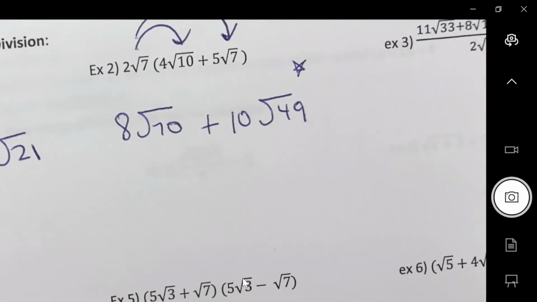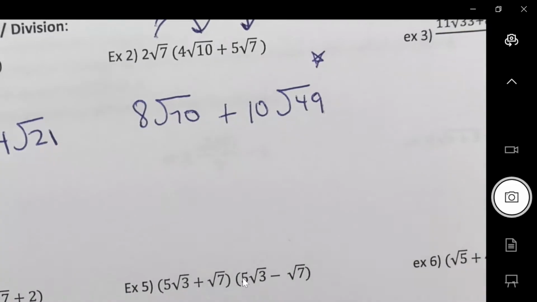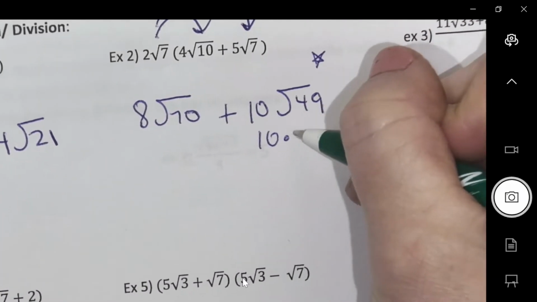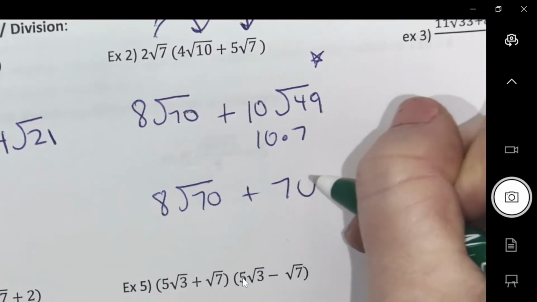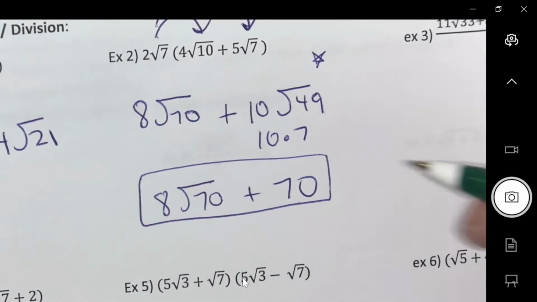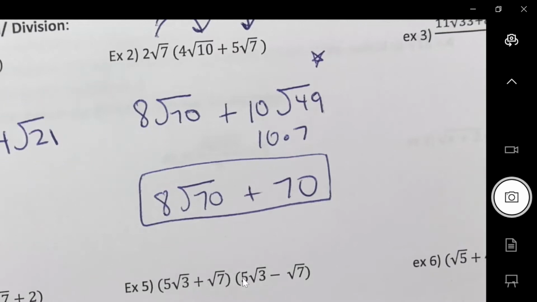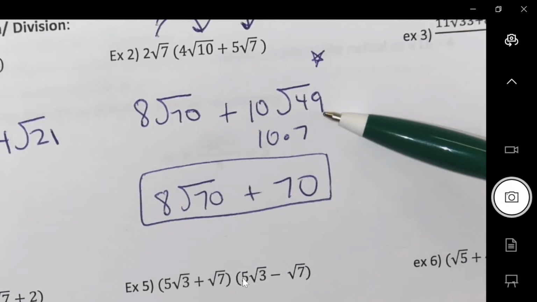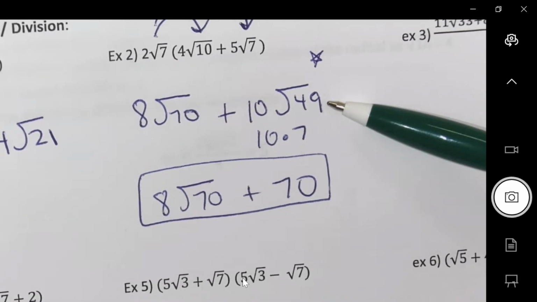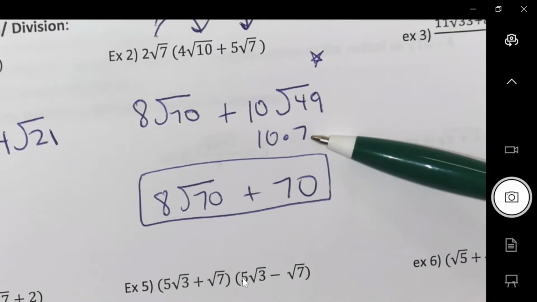What is the square root of 49? 7. So your final answer should be that. Okay, because we turned the root 49 into just a 7, a whole number 7.